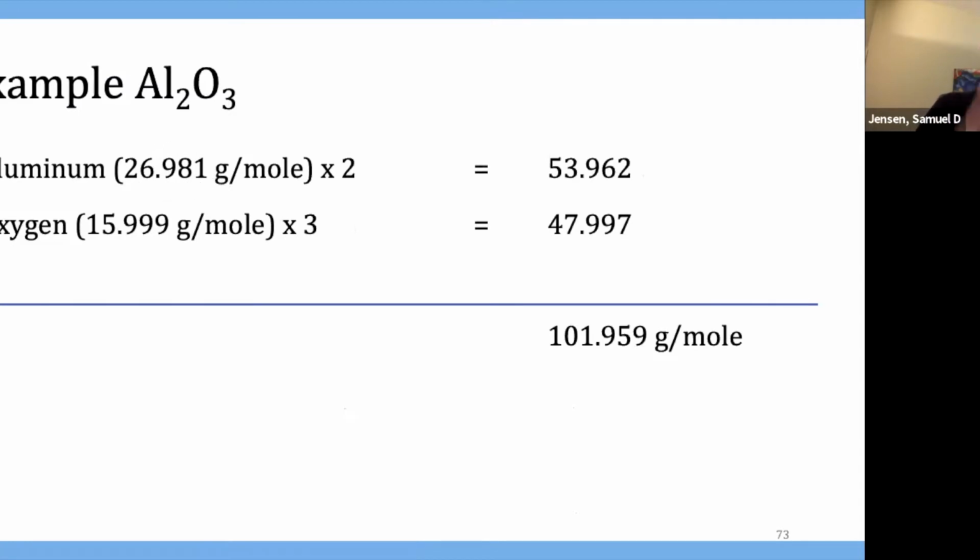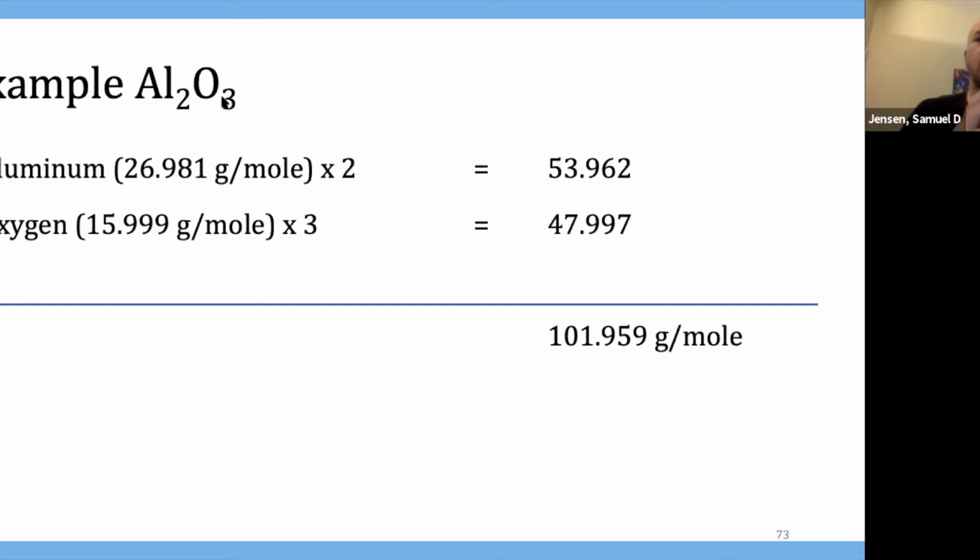If you open up your book or look at a periodic table that you have, you will find this value on there. Oxygen, most people will shorthand just say 16, is multiplied by how many of them there are, how many are in the molecule.